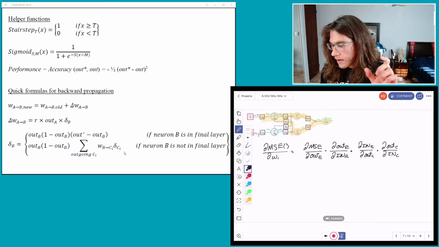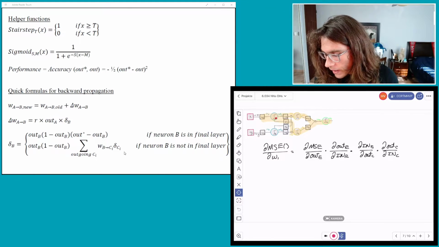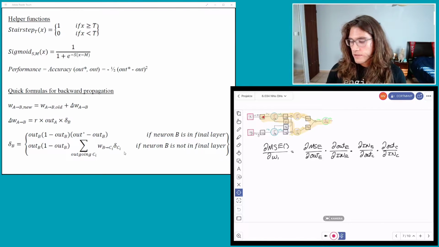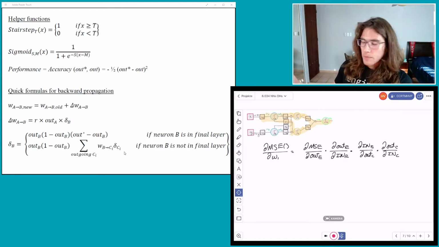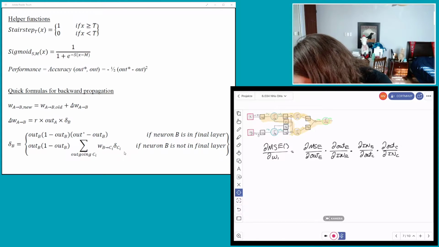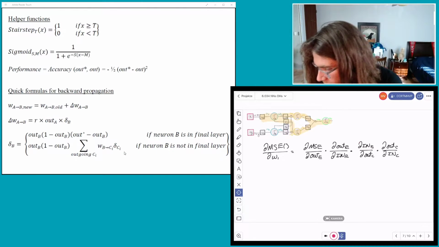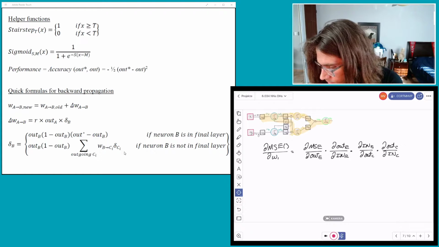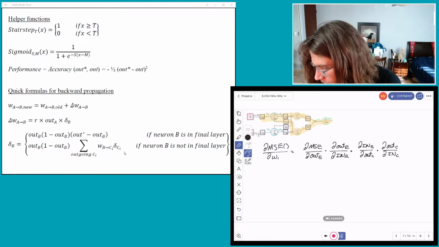So I need to take into consideration not only the weight and the error, but everything that connected to that weight after I change the weight, because everything else is going to change. So in reality, I've made a slight mistake at this point, because let me back up a little bit.